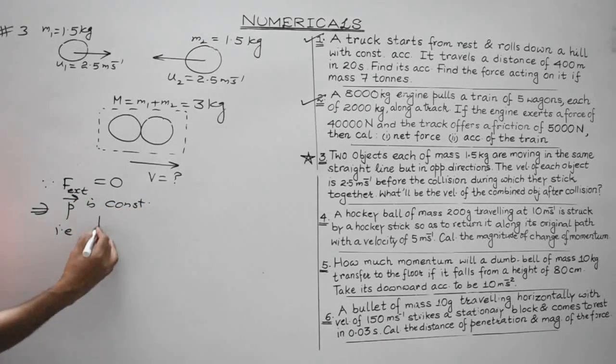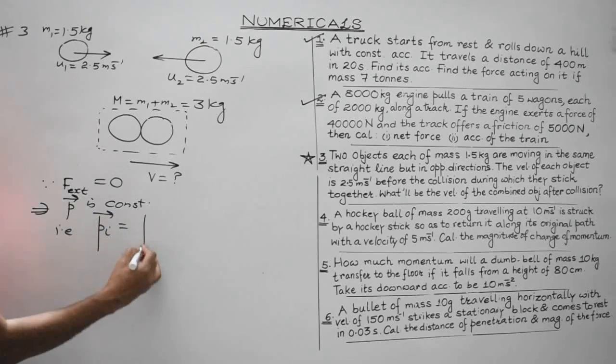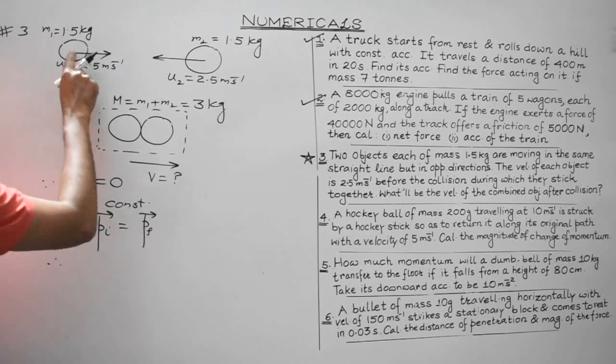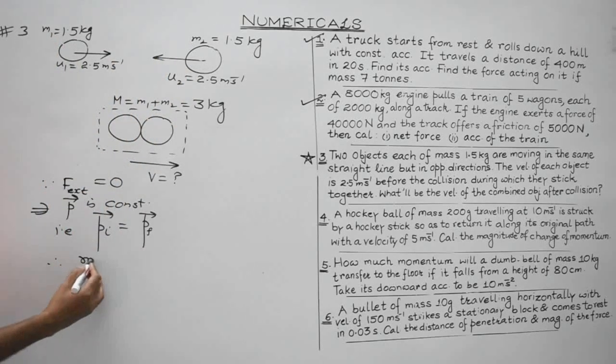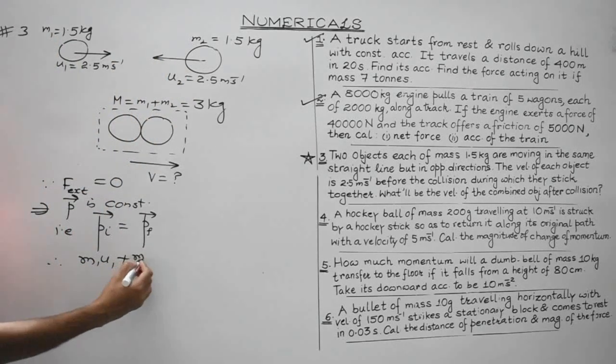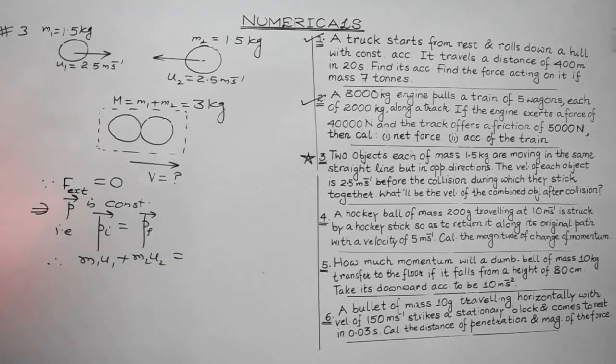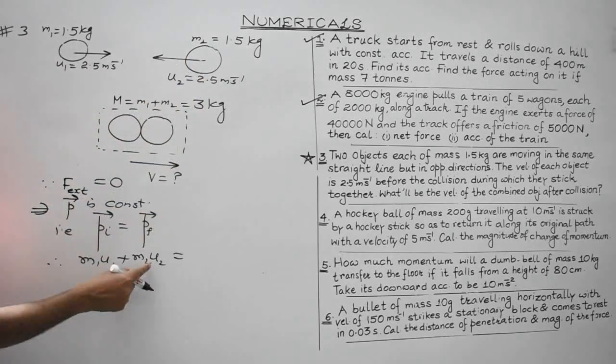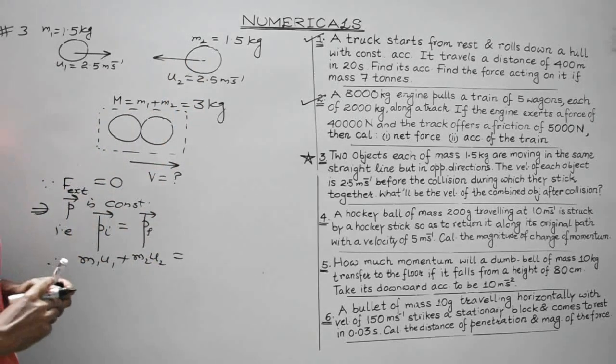That is, initial momentum is equal to final momentum. Right? Therefore, what is the initial momentum? m1u1 plus m2u2. Now here, you must note down that on substituting the value of u2, it has to be put with a negative sign.